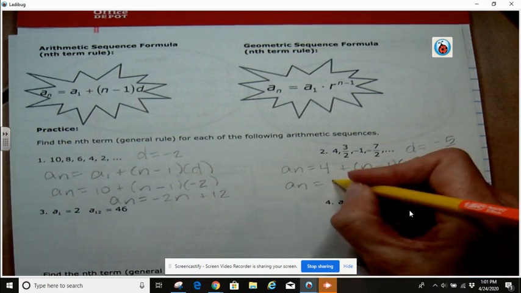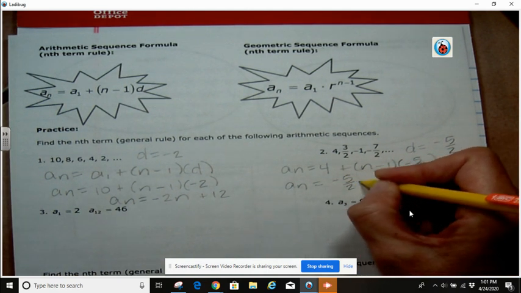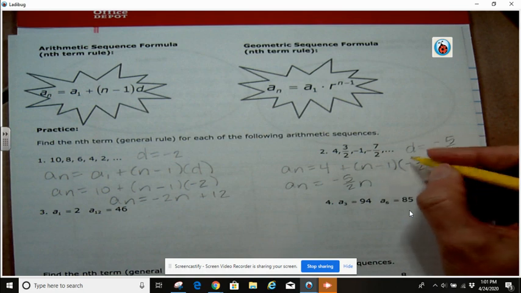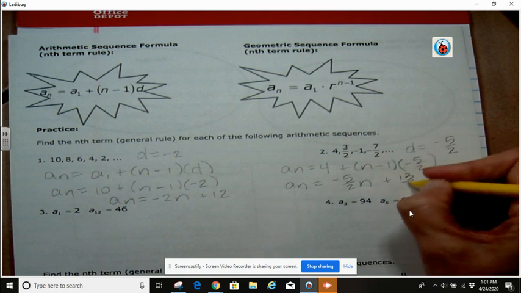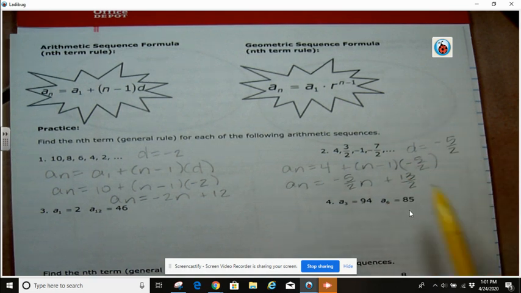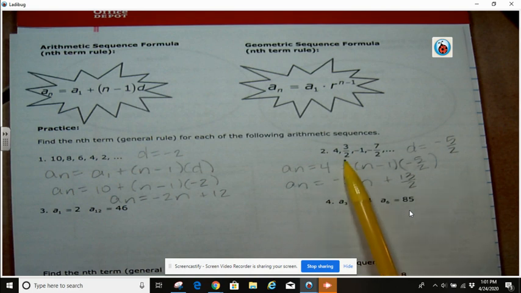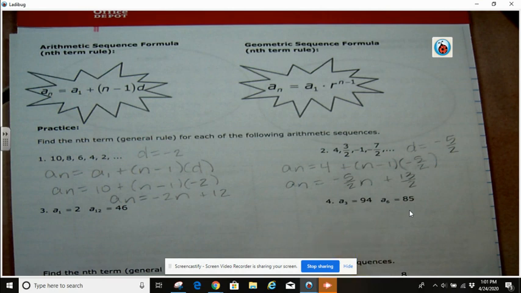And what you're going to end up with is a sub n equals -5/2 n plus 13/2. So if you want to test out that general rule, if you substitute in 1, you should get 4. If you substitute in 2, you should get 3/2. Substitute in 3, you should get -1, etc. And then you can use that general rule, substitute any positive integer in for n to find out the value of any term.